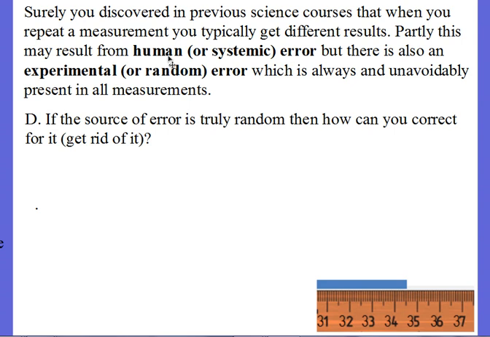You can have human error, otherwise known as systemic error, which is because you don't read correctly, or you have bad equipment, or maybe you make an arithmetic error. All of these are human or systemic errors, you the human being part of the system. And the way to get rid of those errors is to use good equipment and to use it correctly.